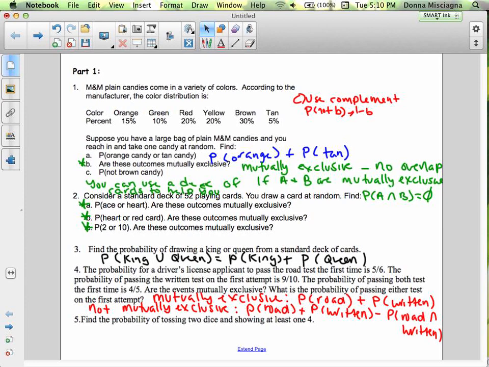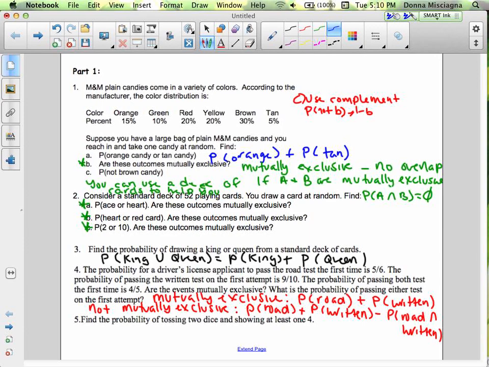Find the probability of tossing 2 dice and showing at least 1 four. All right, so you're tossing 2 dice. There's a couple ways you could figure it out. You could figure out the probability of getting 1 four, the probability of getting a 4 on the other die, and add in the probability of getting 2 fours.